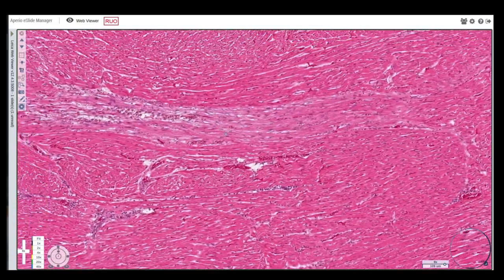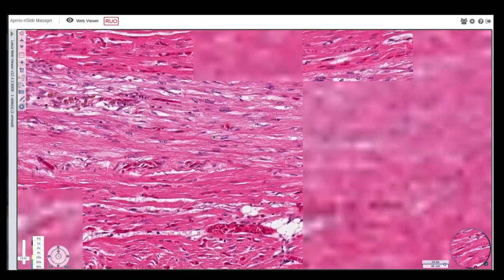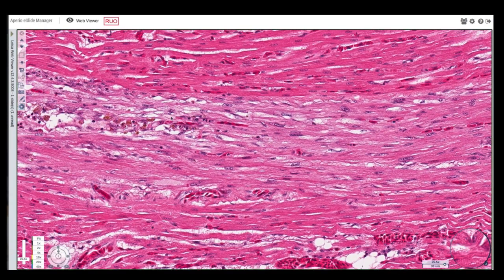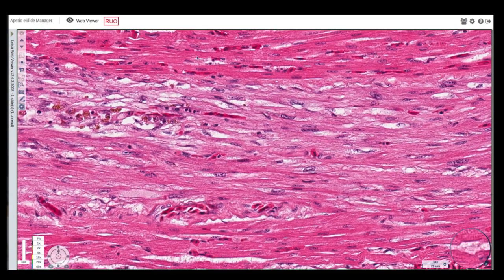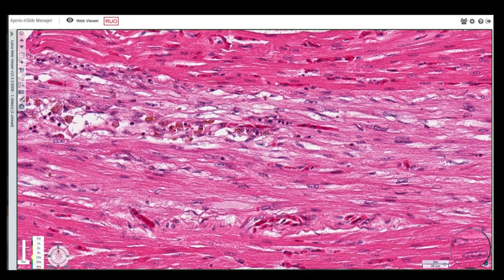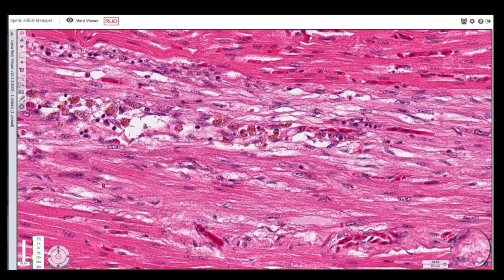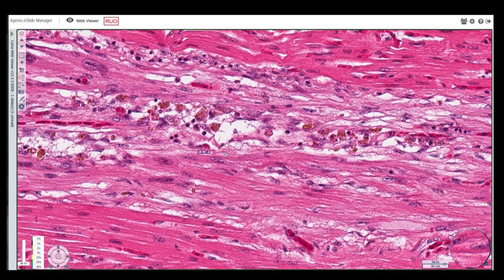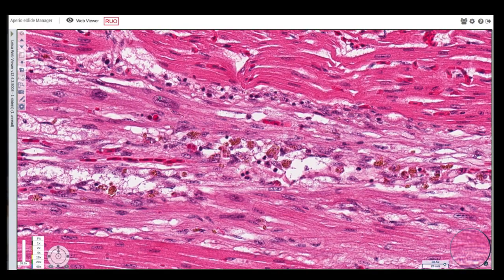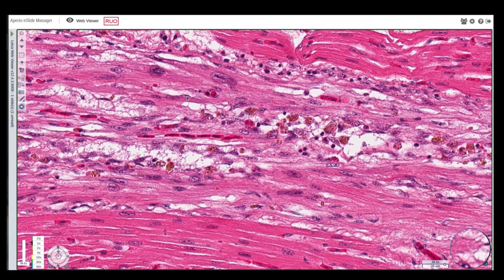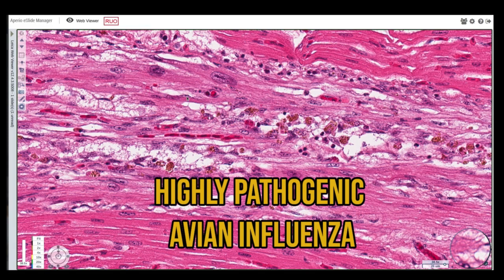So here this bit is just starting to go downhill, and you can tell there's a color change here between the normal heart muscle, and this bit's a lot paler because the cells are starting to swell up. Look at this, the nucleus is starting to swell up, and actually these cells have been infected by a virus, the highly pathogenic avian influenza virus.